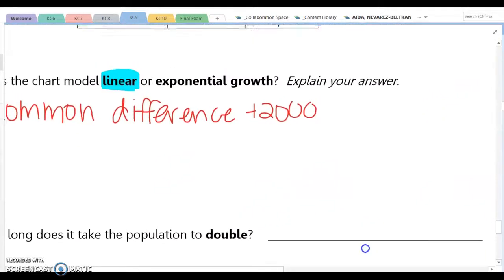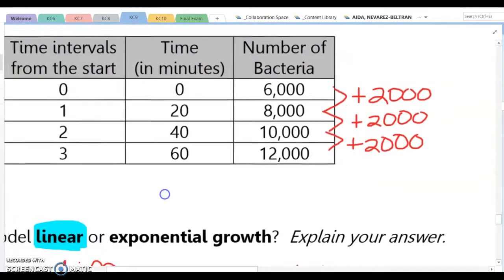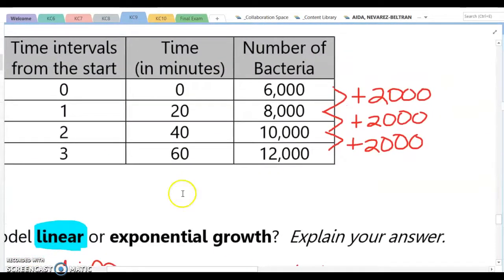So how long does it take the population to double? We can use our table to look at this. It's not doubling each time. We went from 6,000 to 8,000, and that's not doubling. So you want to look within this table for how long it takes to double the starting population.